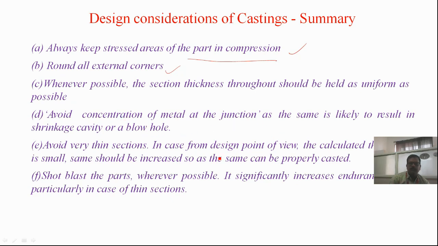Whenever possible, the section thickness should be kept uniform, and avoid concentration of metal at the junction, which will result in a blowhole or shrinkage cavity. Avoid very thin sections. Shot blast the parts whenever possible to increase the endurance limit, particularly in the case of thin sections.